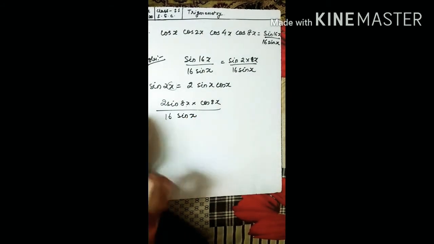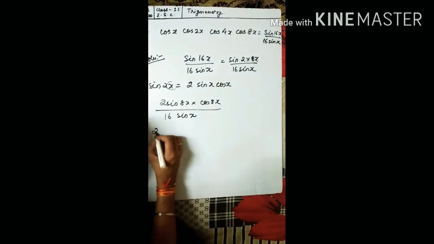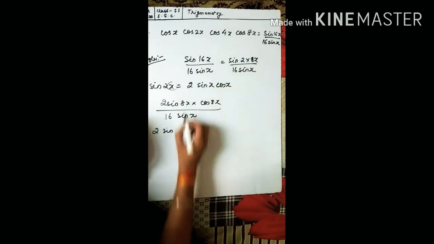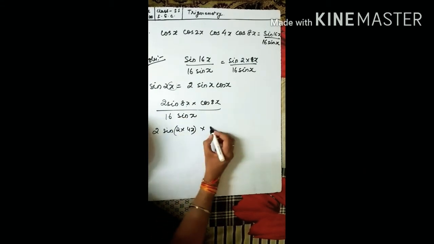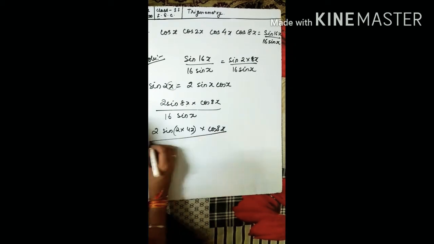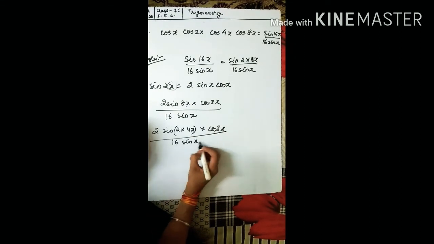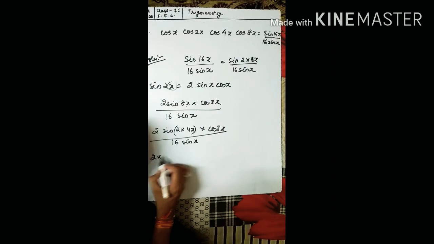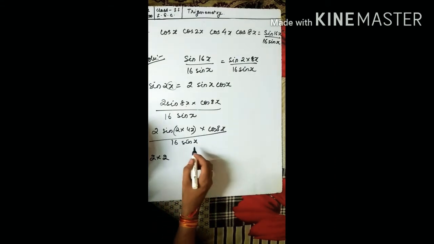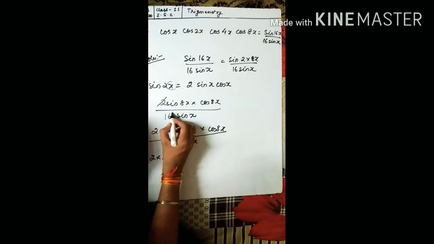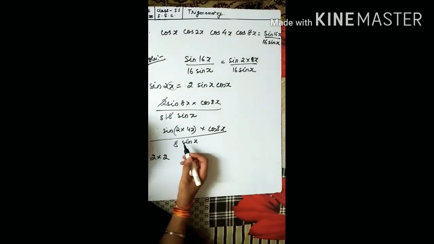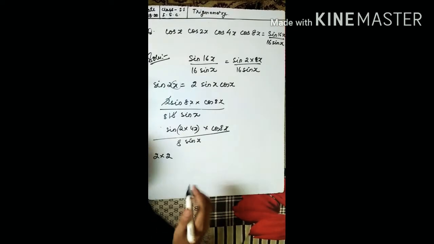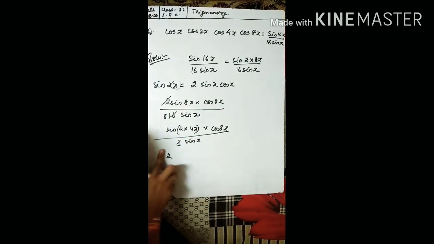Again, we can write this 8x as 2 into 4x, and again use the identity. You can cancel this 2 with the 16 to get 8.